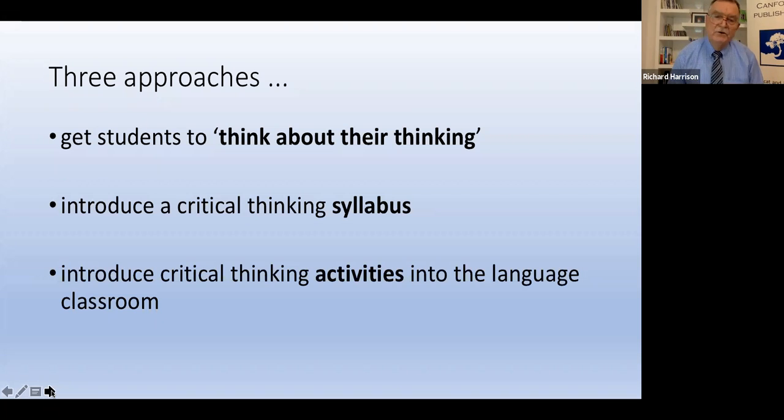And then the third approach is a more flexible approach, which is to introduce critical thinking activities into the language classroom. And these, I say flexible because they can be 5 or 10 or 20 minutes, and they can be scattered into the program at convenient intervals. Or you can use a combination of all 3 approaches, which I would recommend.